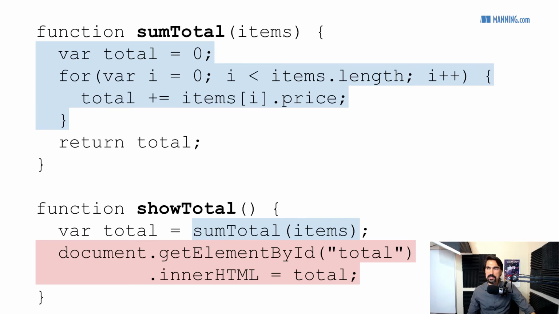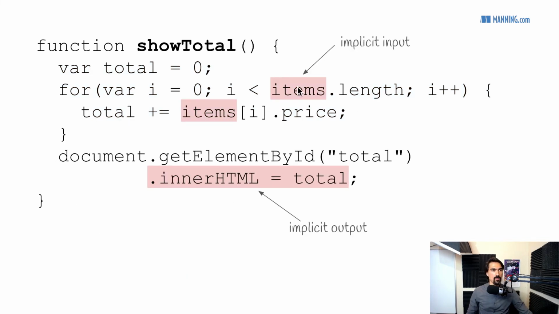Now let's go a little bit deeper into what we actually did here. These two reads to items are actually implicit inputs to our function. They're implicit. The explicit inputs to a function are the arguments. But these are implicit inputs. It's data entering the function that doesn't go through the arguments.